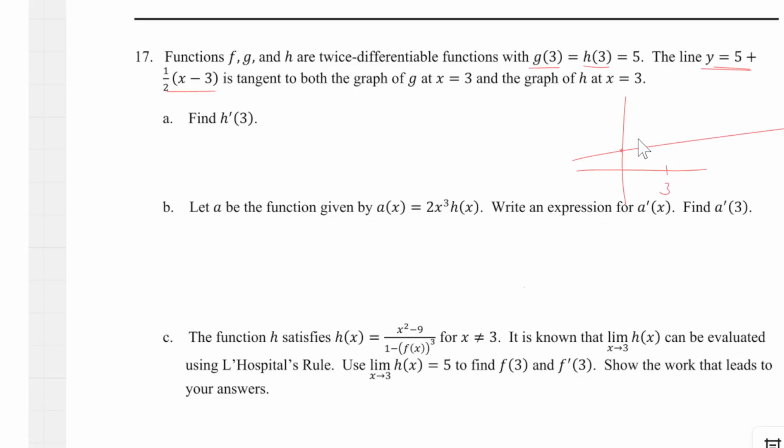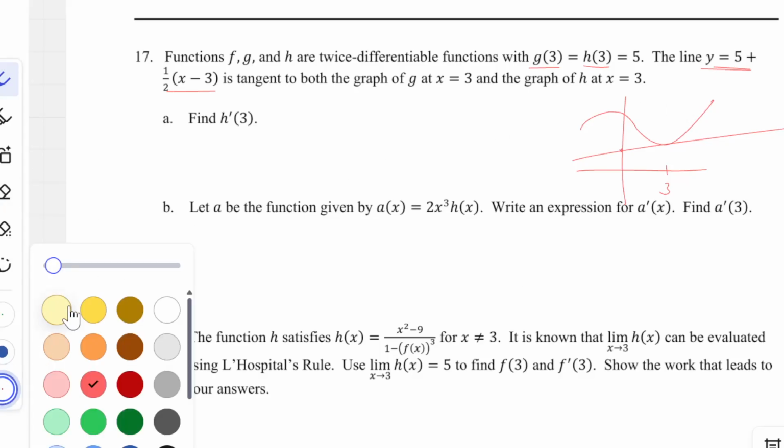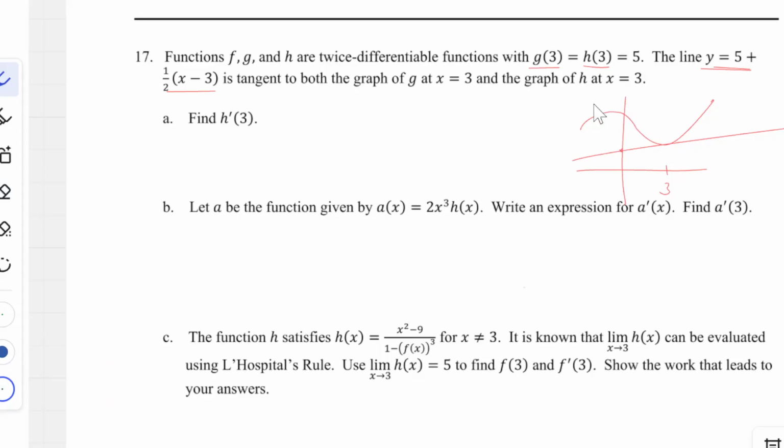Then they're saying two graphs are both tangent to this line, so maybe there's a graph like that that's tangent, and maybe there's some other graph that goes like that. I don't know what they look like at all because they don't describe it.